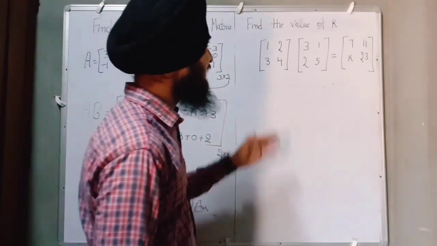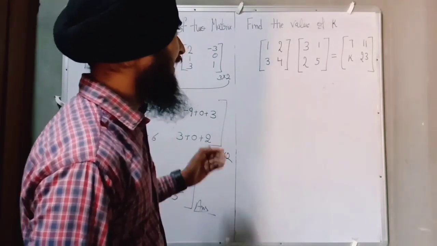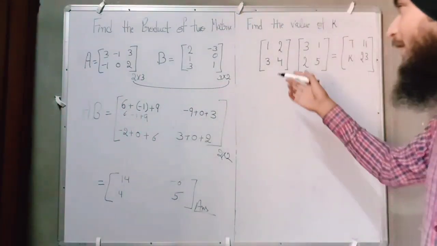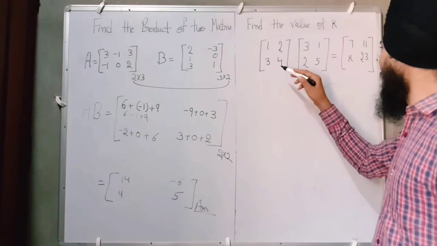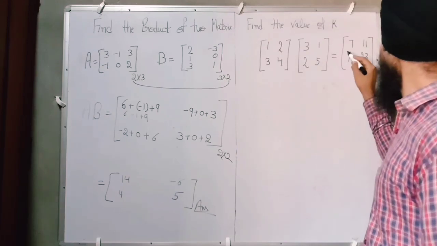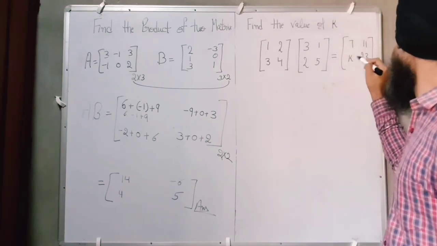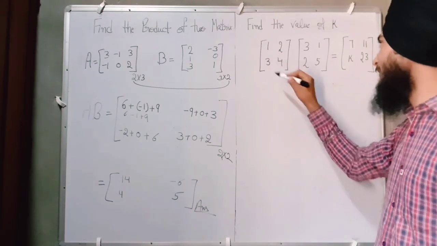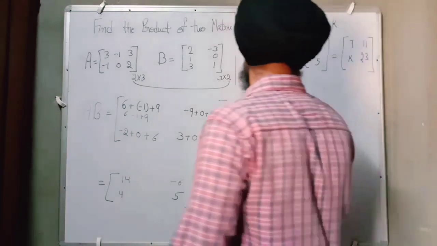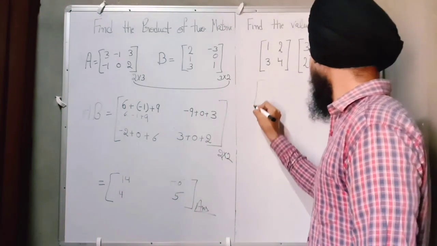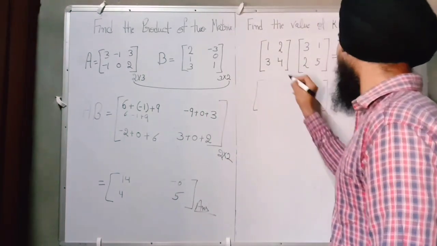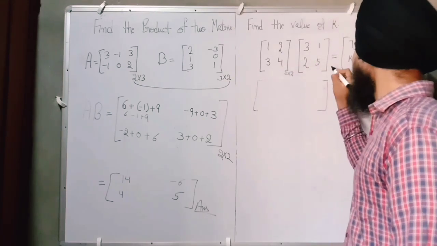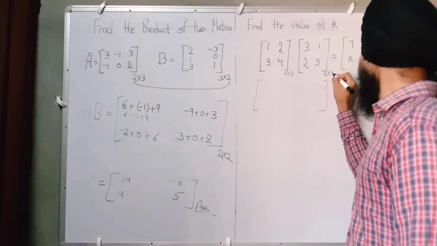Now we find the value of k in this type of matrix question. First of all, we are given that the product of two matrices is equal to 7 k 11 23. First of all, we multiply these two matrices. The order of this matrix is 2 by 2 and the order of this matrix is 2 by 2.